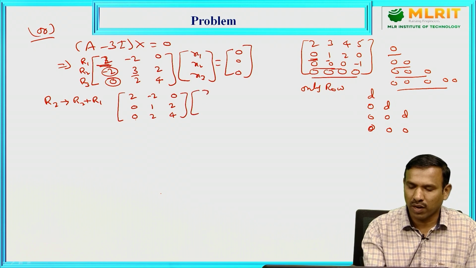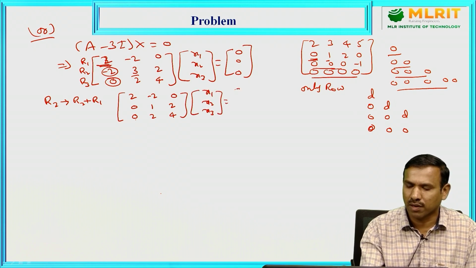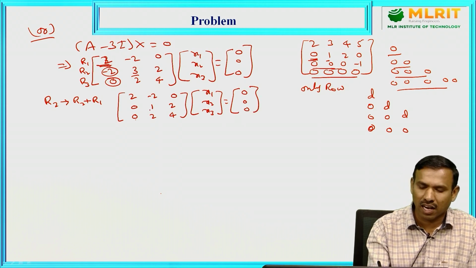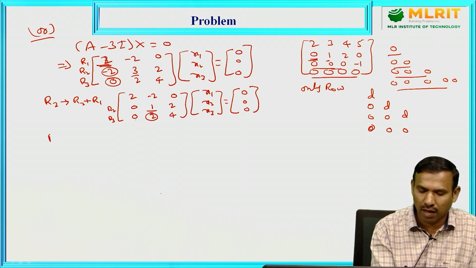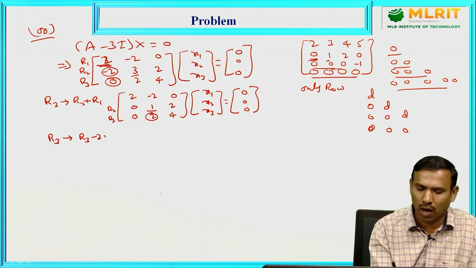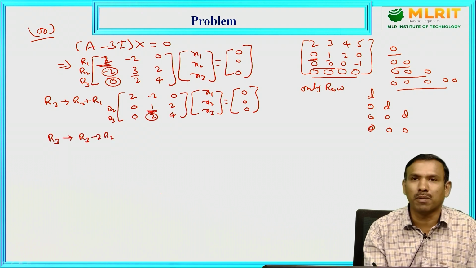So x1, x2, x3 we need to find, equal to 0, 0, 0. Now using the second diagonal element 1, and R2, we have to make the R3 element 0. So that is R3 implies R3 minus 2 R2. We are using R2 elements.